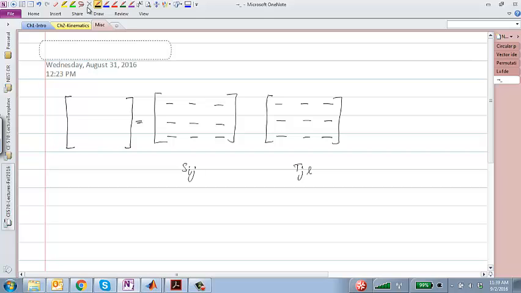The free indices would be I and L. So indeed, those would be on the left-hand side. And since we are calling it R, so Ril is equal to Sij Tjl.